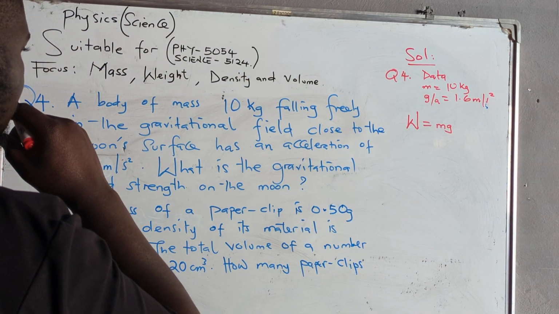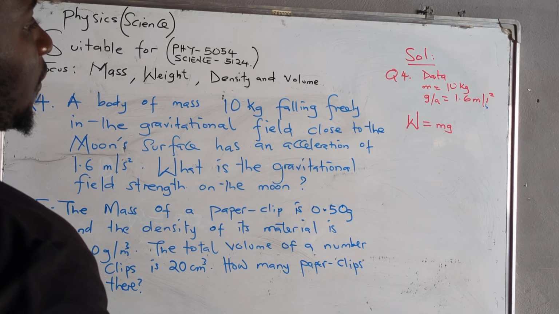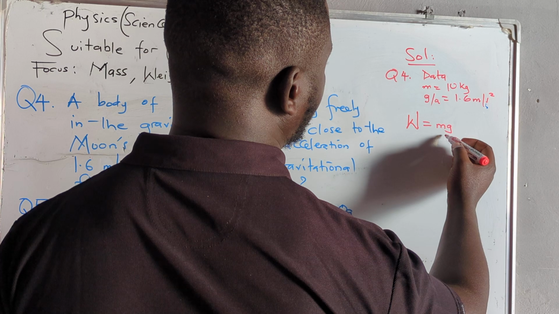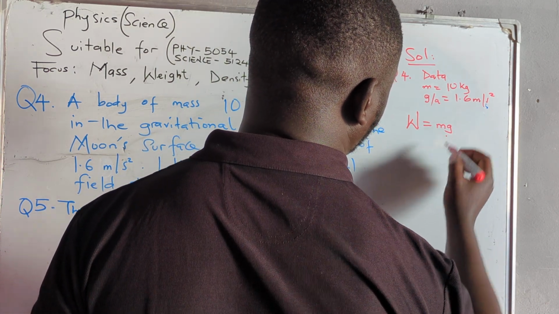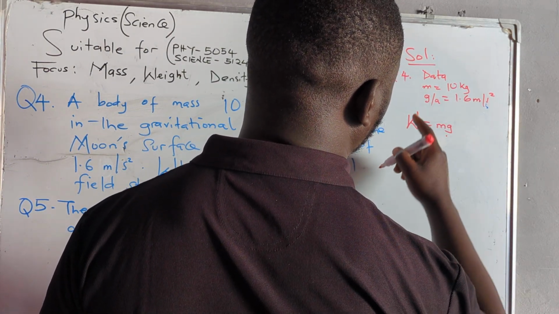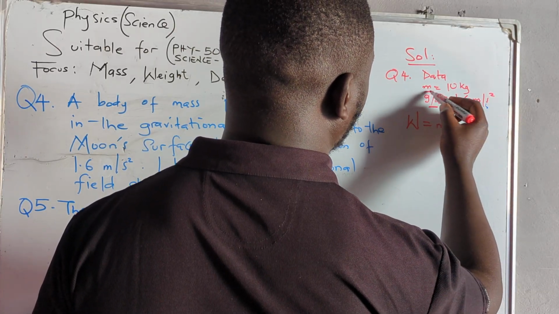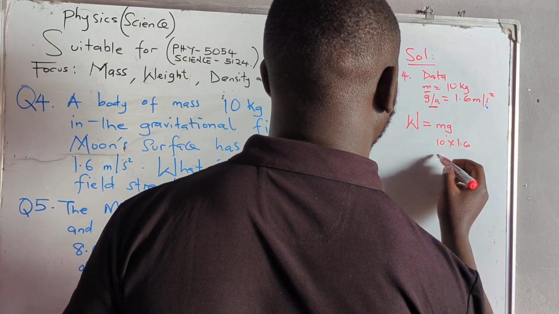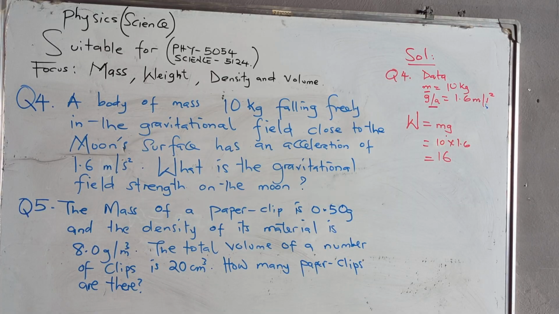So firstly, with that information, we can find the weight. We have the mass and we have the acceleration, so it's 10 times 1.6, and you are going to get a weight of 16 newtons.